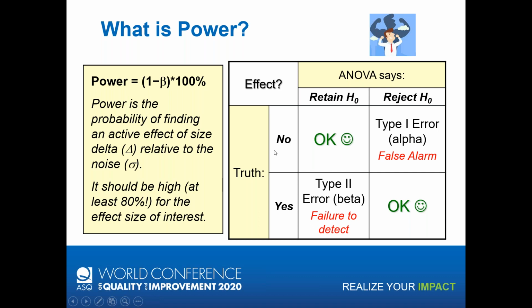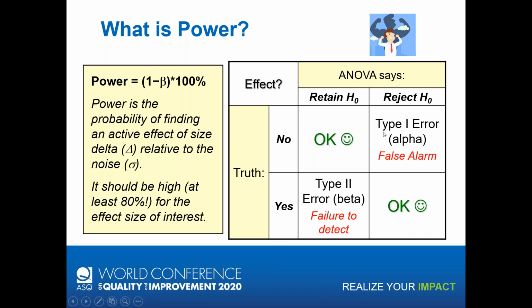But the real truth in the system is that there is not an effect. This is a false alarm, and this is what we're always trying to protect ourselves against. The p-value is the indication of how likely it is that we're going to have this false alarm, and so we pay a lot of attention to this. And it's the type 1 error or alpha rate, alpha error.